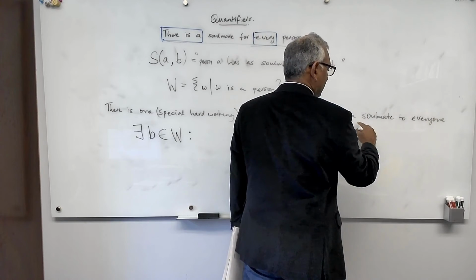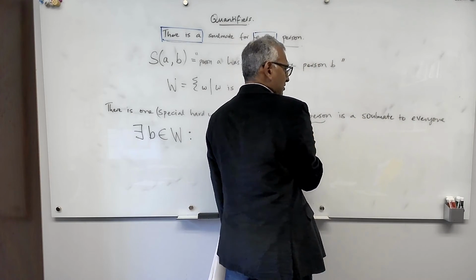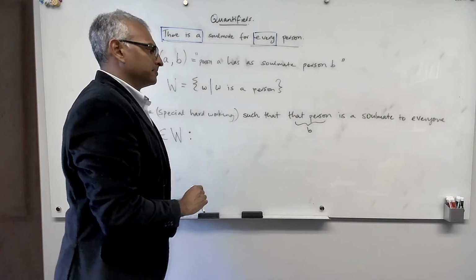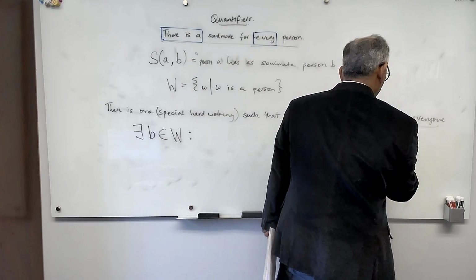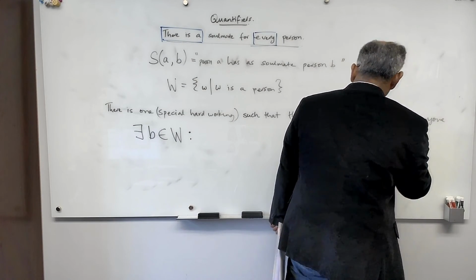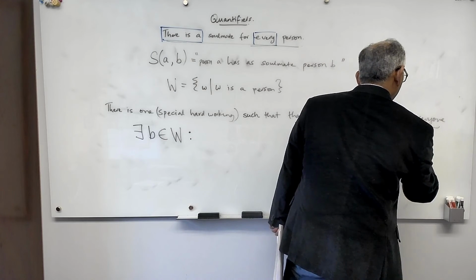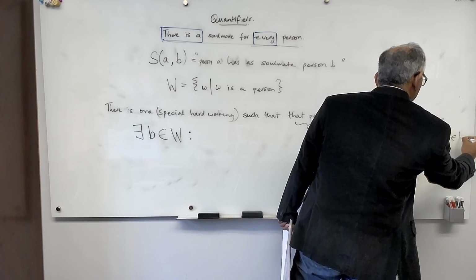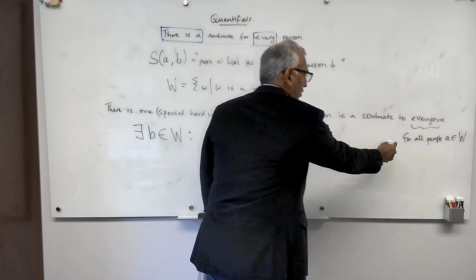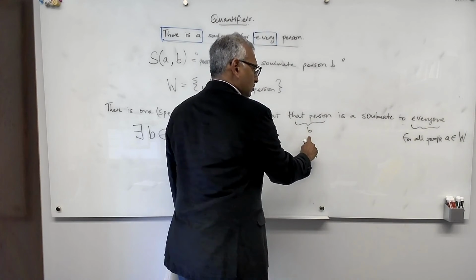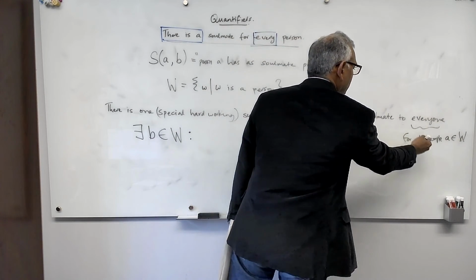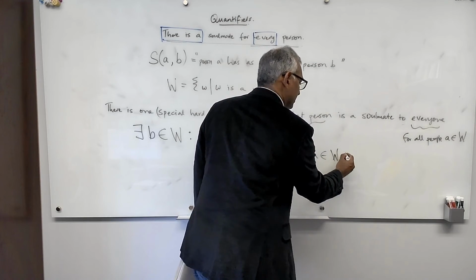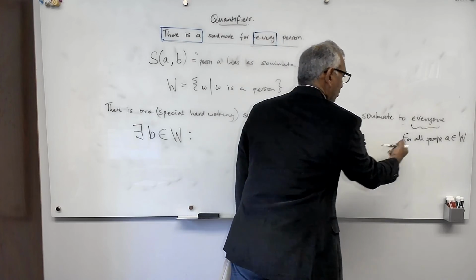That means that this person B is a soulmate for all people A in the set of people. So for all people A in the set of people, this person is a soulmate to that person A. So for all A in the set of people, it is the case that B is a soulmate to A.